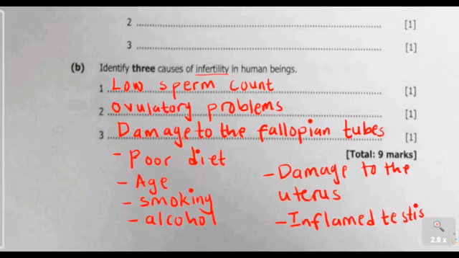Also poor eating habits, that is poor diet, age, smoking, alcohol. These are under poor lifestyle. Also damage to the uterus or inflamed testes. So these are some of the causes of infertility in human beings.